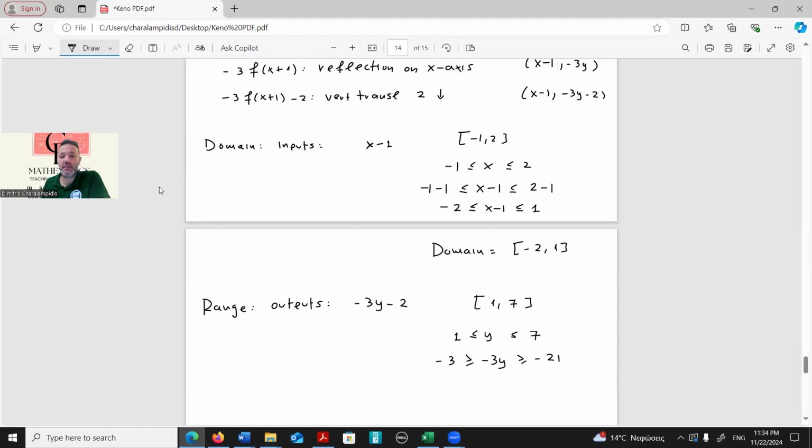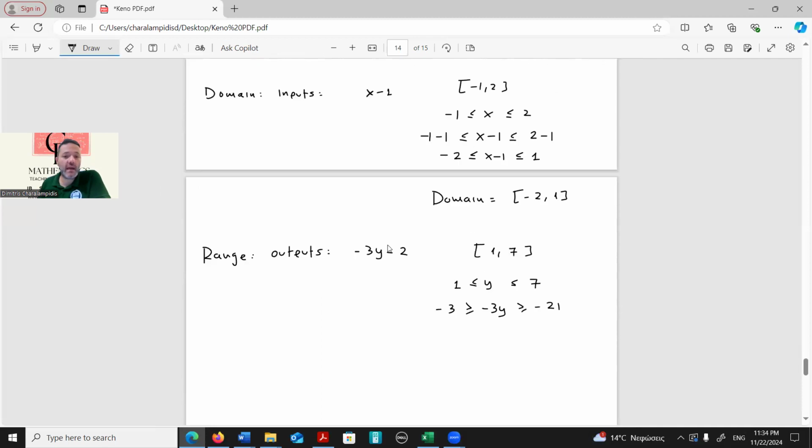Now I should take out 2: minus 3y minus 2, minus 21 minus 2, minus 3 minus 2. So that should be negative 5, negative 3y minus 2, bigger or equal than negative 23, which means that my outputs should be from negative 23 up to negative 5, which means that this should be the range.